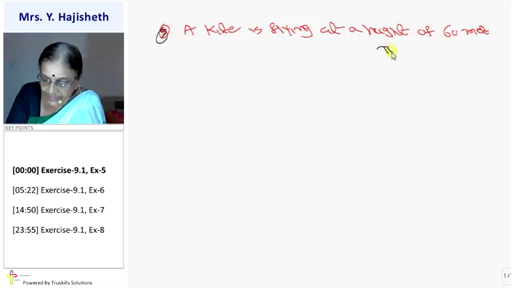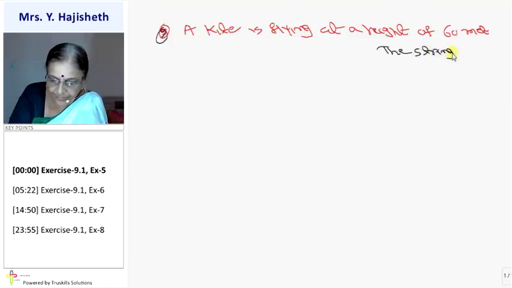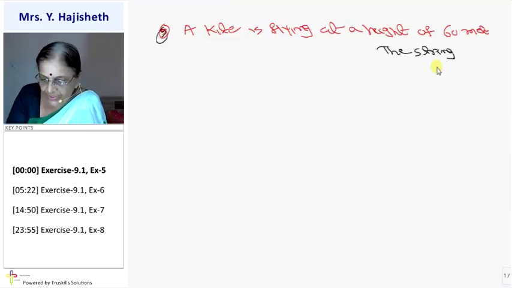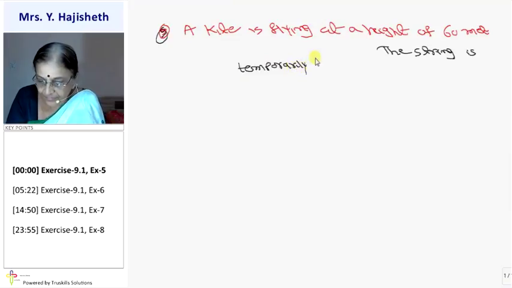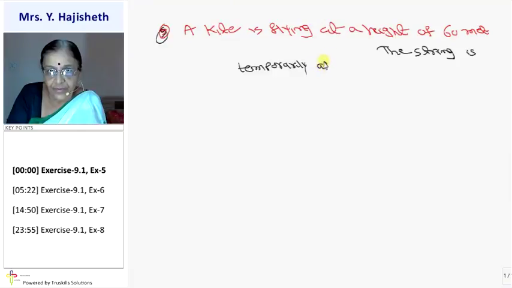The string is attached to the kite. String is temporarily attached to the ground.